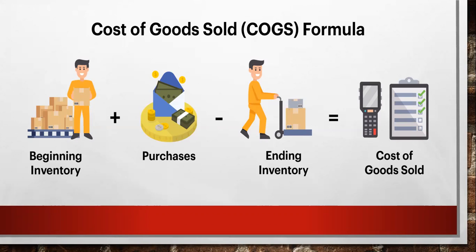You have to take the opening inventory, that is opening stock, plus purchase, and the ending inventory you have to subtract, that you can say the closing stock. So opening stock plus purchase minus closing stock, you will get the cost of goods sold over here. Clear everyone? These are the two formulas for calculating the cost of goods sold. You can take any one of these as per the question, depending upon what they have given you. So you can take as per the formula.